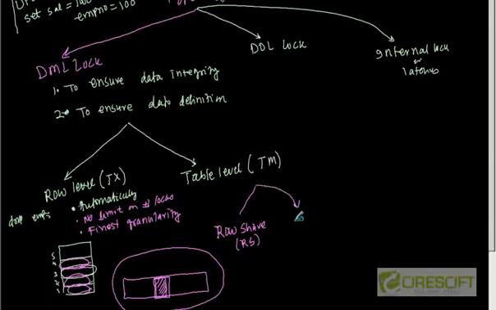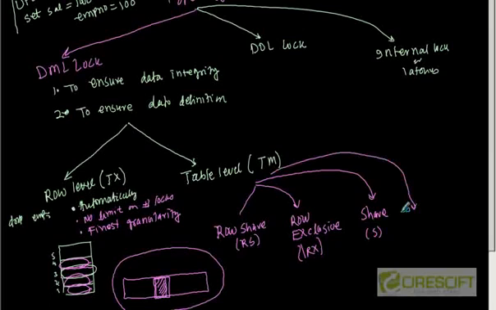Another is called row exclusive, or RX lock. Number 3 is called shared, or simply S. The remaining are called SRX, or share row exclusive lock, and the last one is exclusive lock.